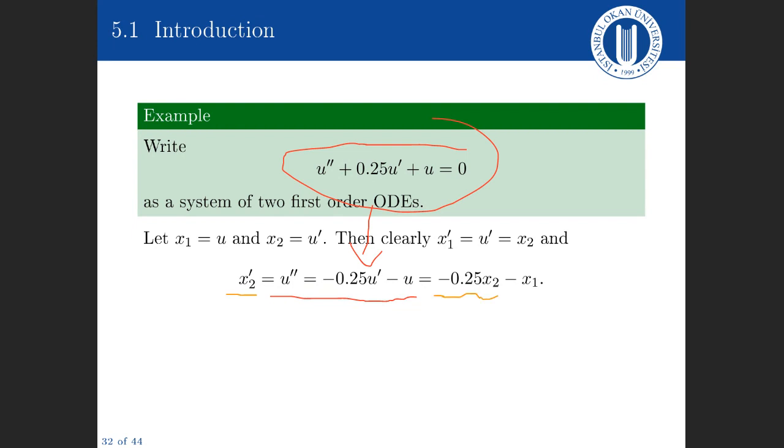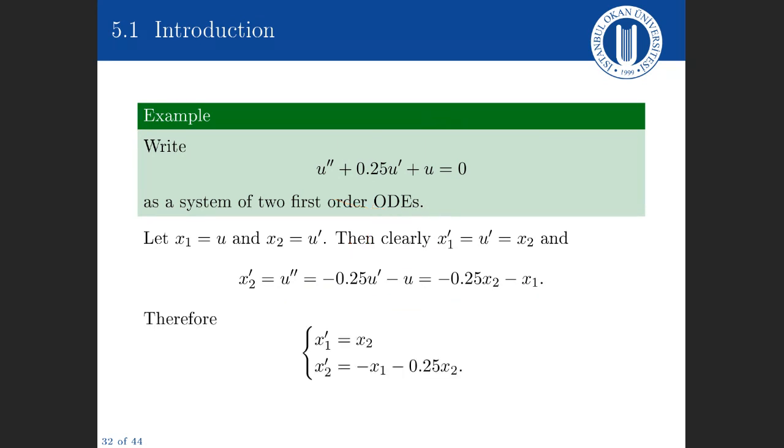Instead of u prime, we write x2, and instead of u, we write x1. Now we know our two equations. x1 prime is x2, x2 prime is minus x1 minus 0.25 x2. This is how we change a second order linear equation into a system of two first order linear equations.